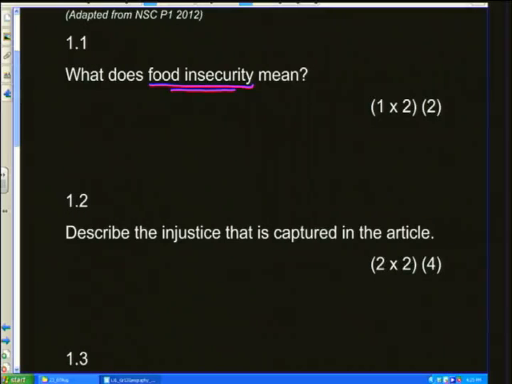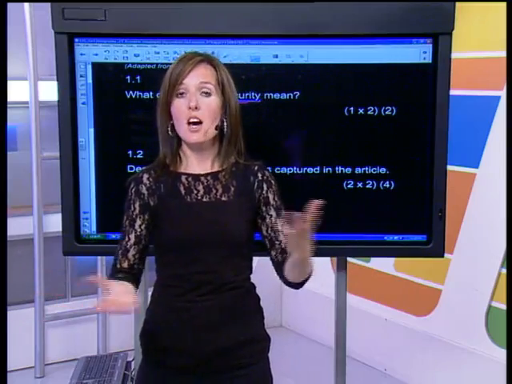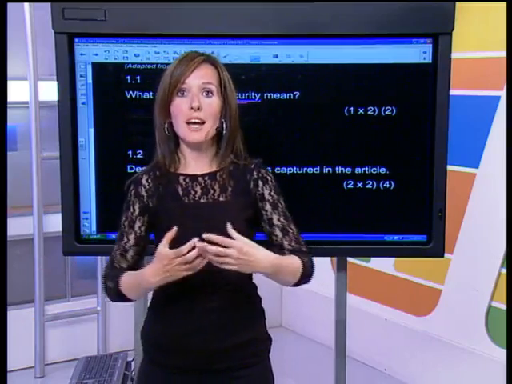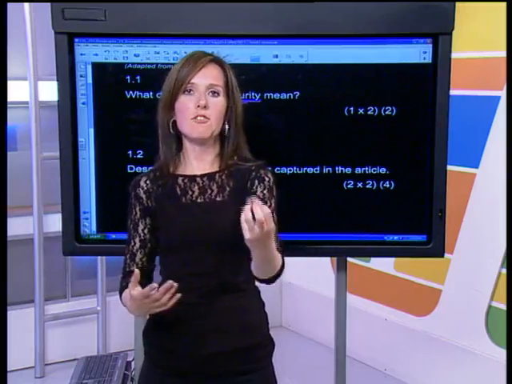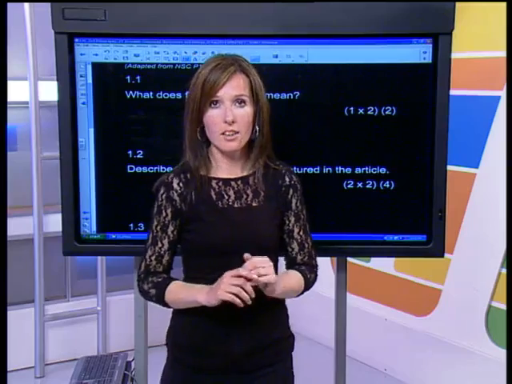So remember, food security meant that we have either enough food to meet the normal needs of our current population every day, or you can afford to buy enough food to live a healthy lifestyle. It doesn't matter how you phrase it, but as long as you've got the concept of enough food to remain healthy or enough food to meet your daily requirements, they should give you the marks. So food insecurity is the opposite of that.